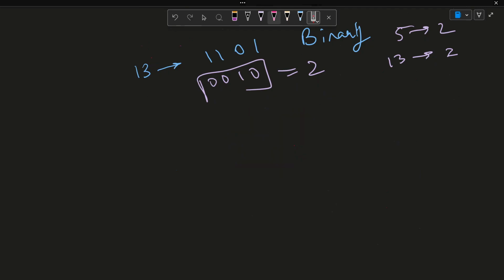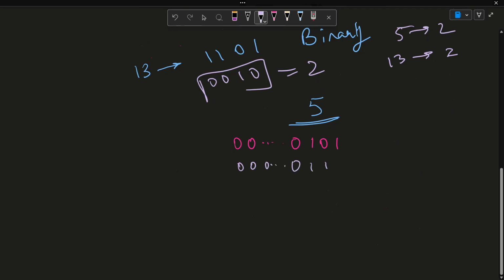So let's say, since we are using 32 bits, assume we have some number of zeros, and let's take an example, 5 again, 101. What I do is write another number with 1 1 1. Basically, I am counting the number of bits in this 5, finding the last set bit, and placing all ones up to that position.